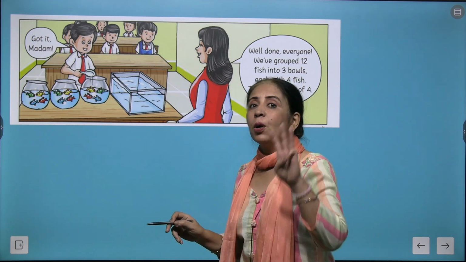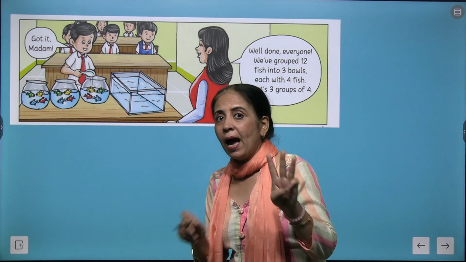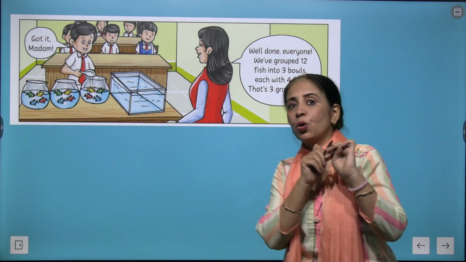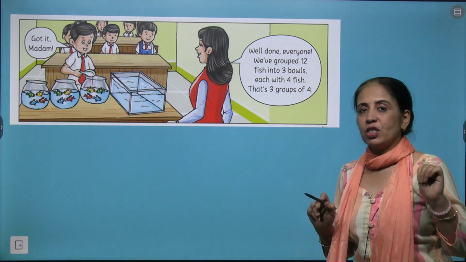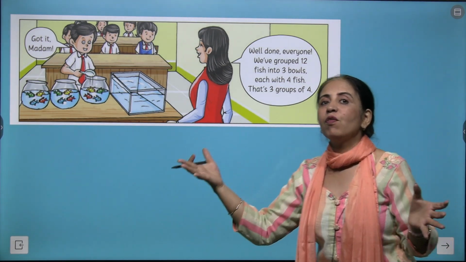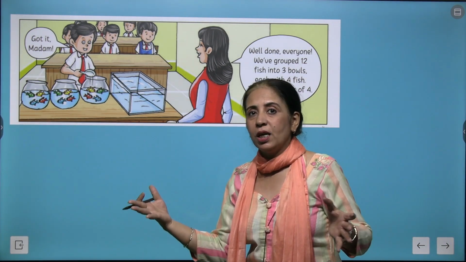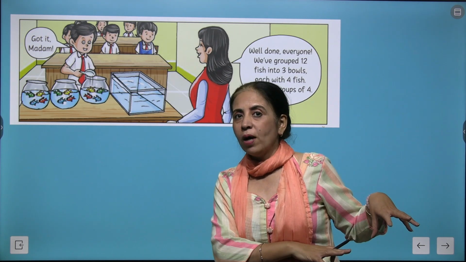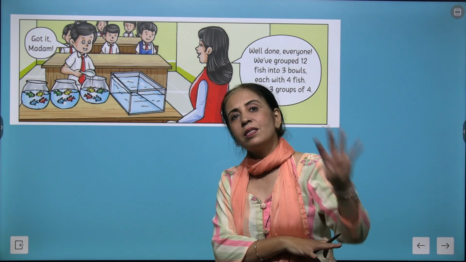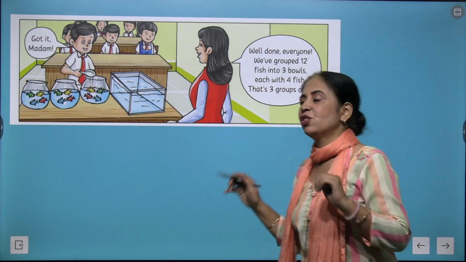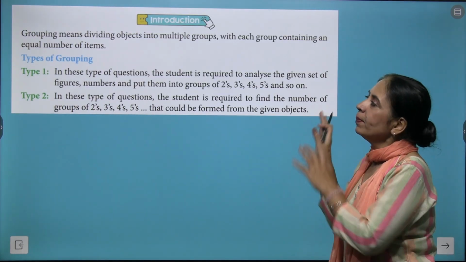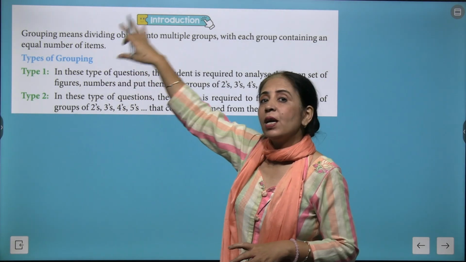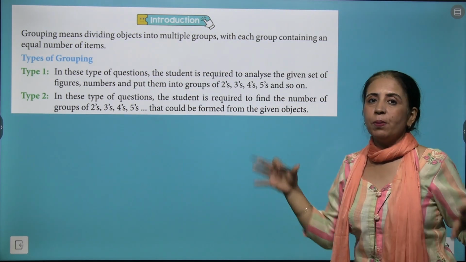It makes groups of 3, and each group contains 4 fishes. So we say we have equally distributed 12 fishes in 3 different pots, and every pot has 4 fish each, right? So we say that grouping is dividing objects into multiple groups.